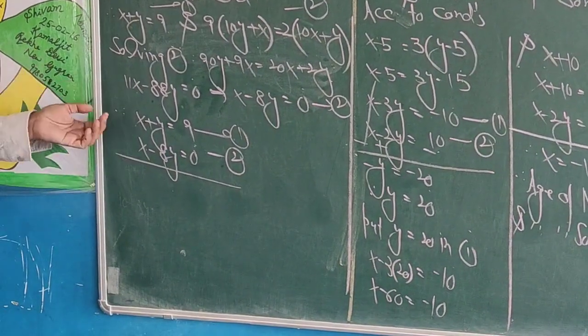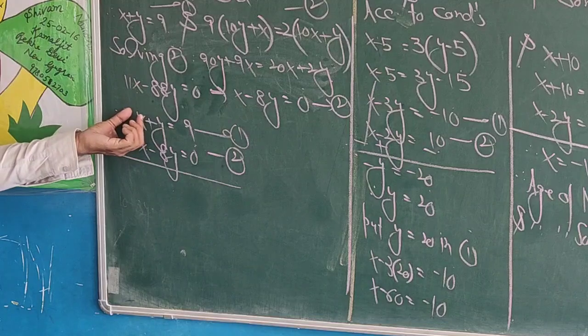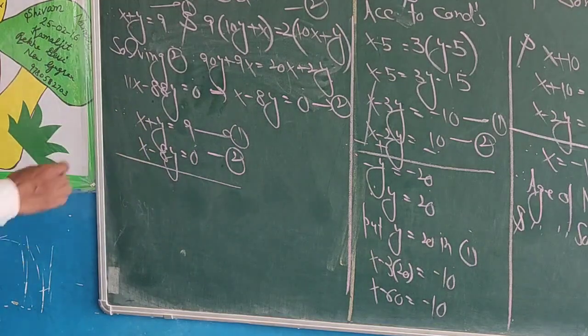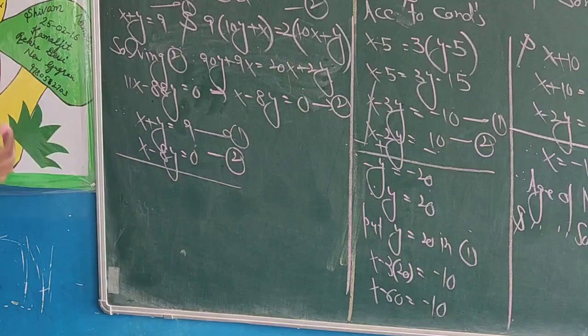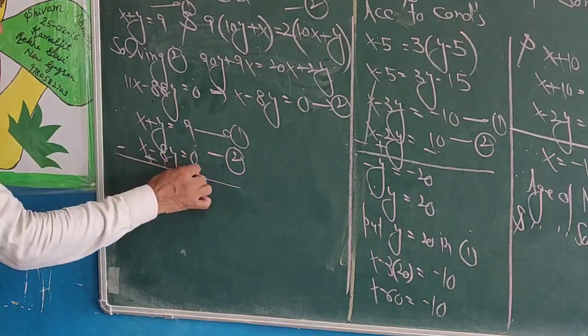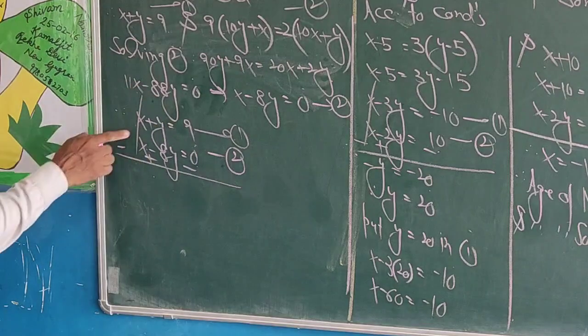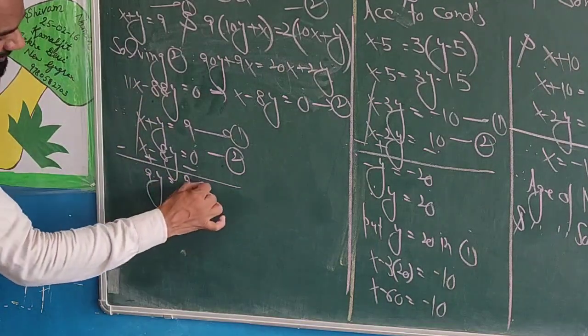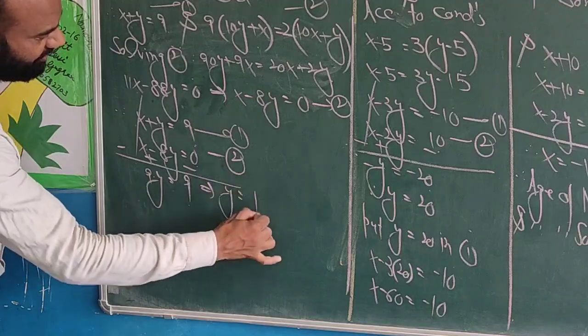We see here the coefficient of x in equation number 1 and in equation number 2 are the same. So we solve it by only changing the sign. Negative, positive, negative. x and x are cancelled out. y plus 8y, 9y is equal to 9. Therefore y equals 1.